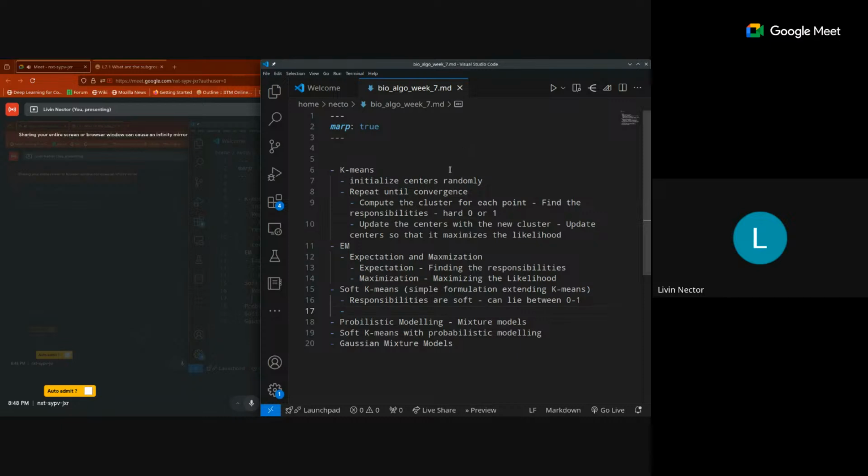So how do we update the clusters? We find the mean, right? We find the mean of the data points belonging to the cluster to update the clusters usually.